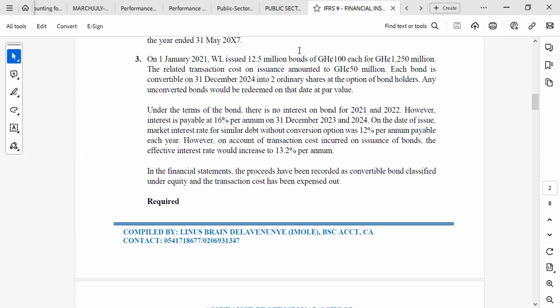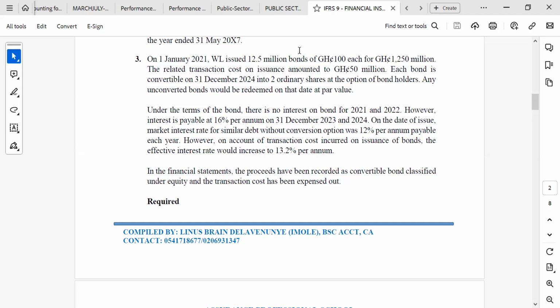Under the terms of the bond, there is no interest on the bond for 2021 and 2022. However, interest is payable at 16% per annum on 31 December 2023 and 2024.